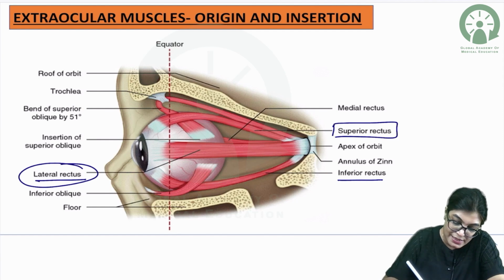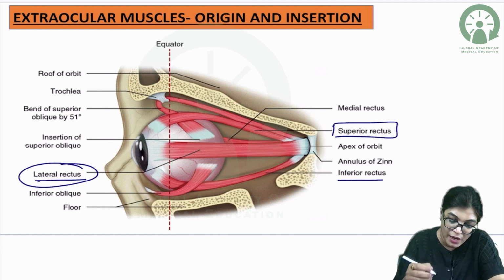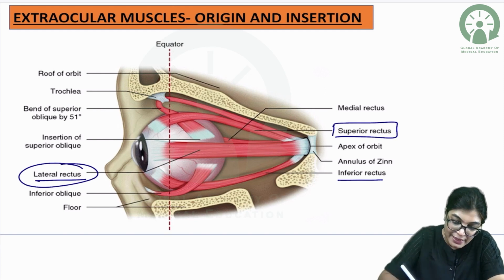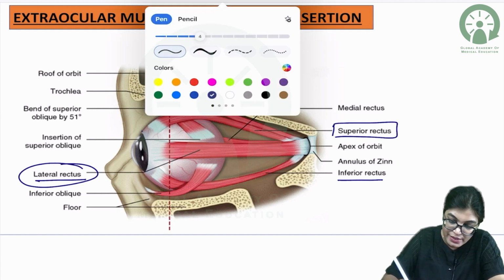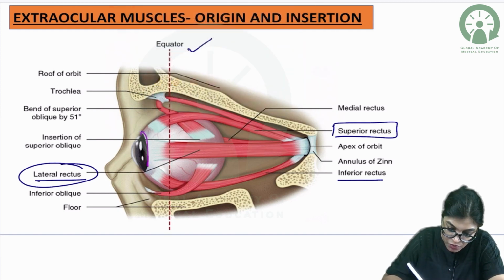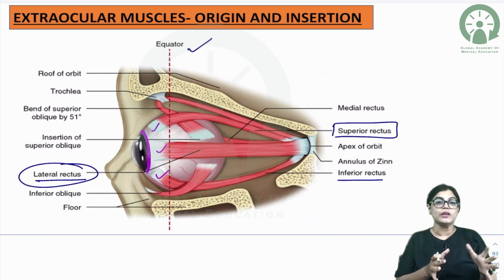And you can see where they are inserting: into the eyeball, anterior to the equator and just posterior to the sclerocorneal junction.